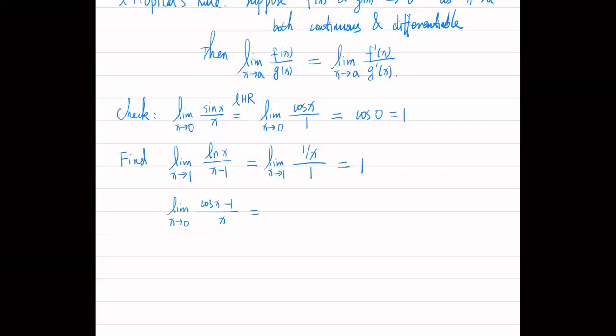Okay, but let's recall, maybe a few weeks ago, what was that limit we found? 0. That's correct. Okay, so by L'Hopital rule, the derivative is negative sine x over 1, which is 0 at 0. Now we can plug in.